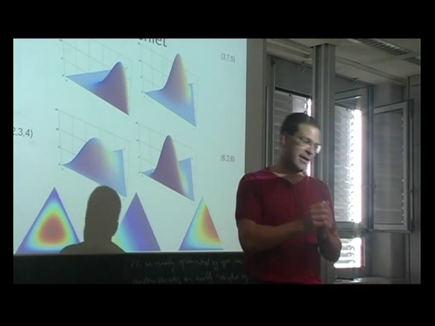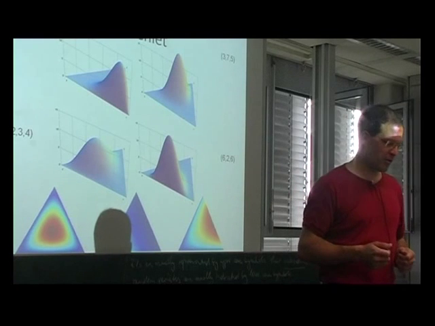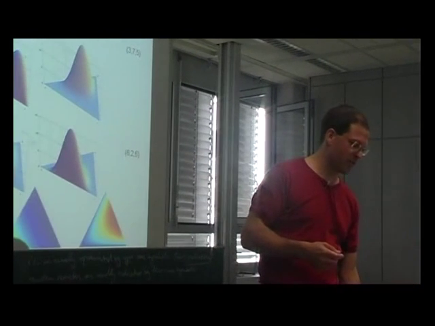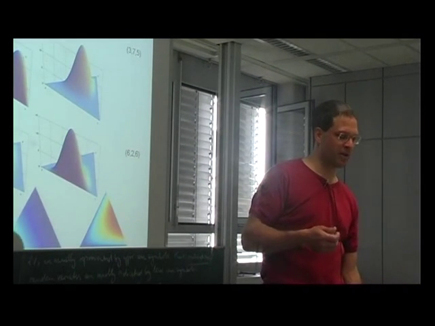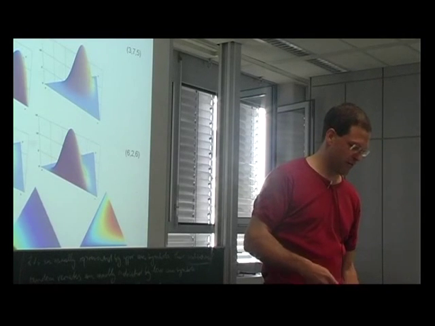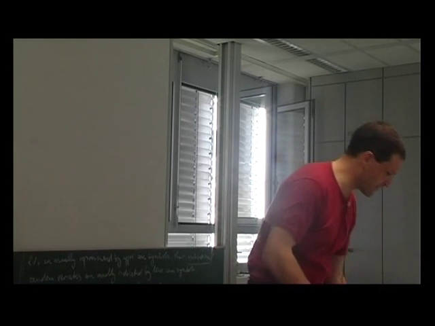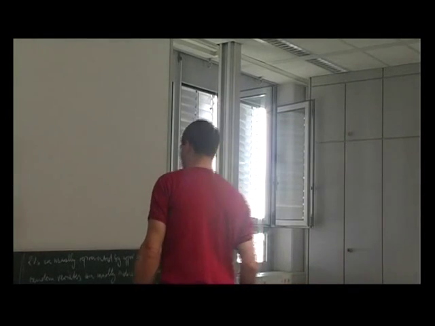Or the Dirichlet and the multinomial distribution are also dual. So they are conjugate to each other. And this property makes for very convenient numerics, and this is why we will have much more to say about them in the future. For now, however, we stick with the simple stuff.